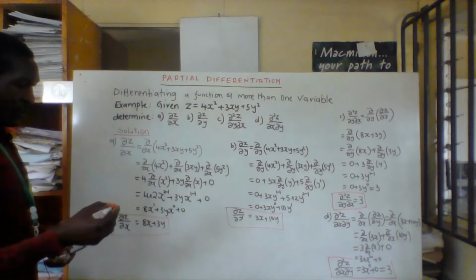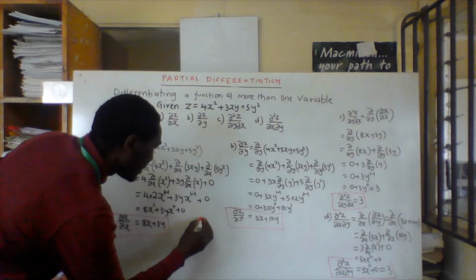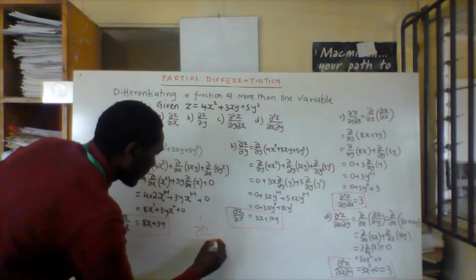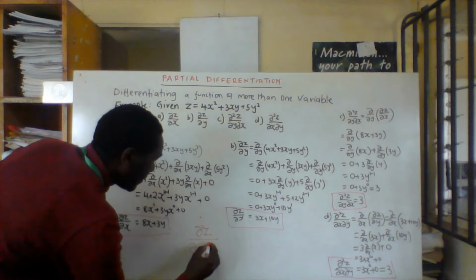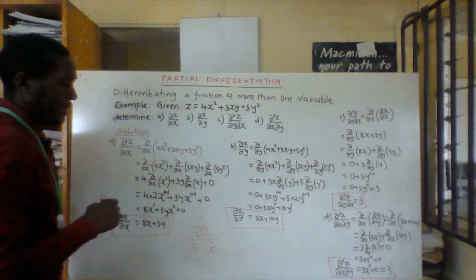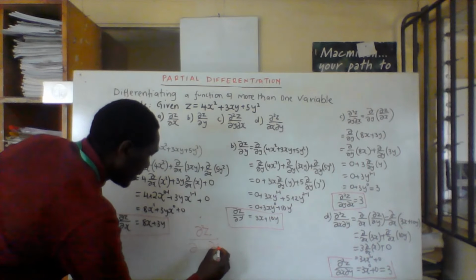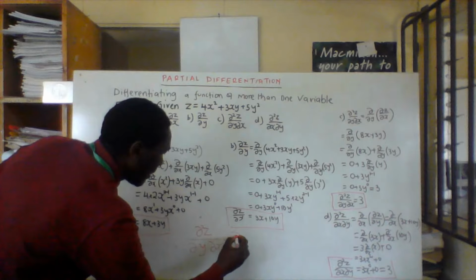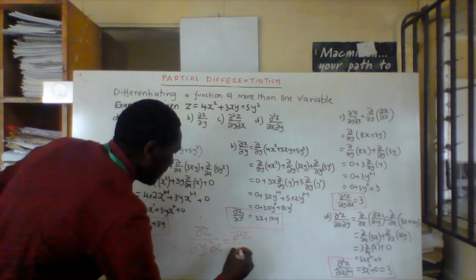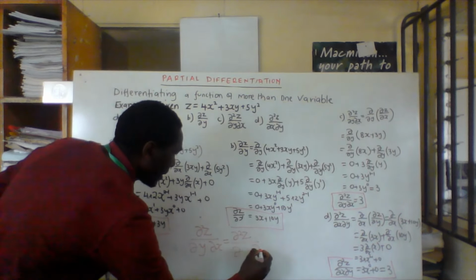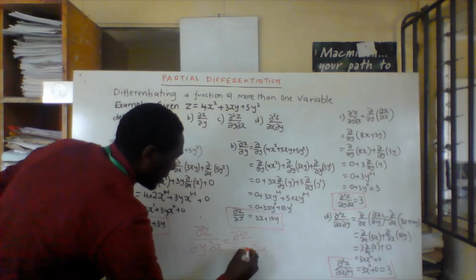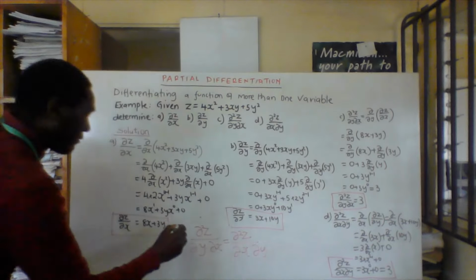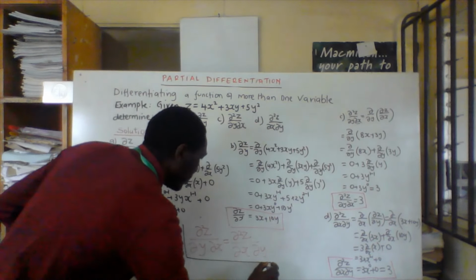And we can write that somewhere at the center here: the partial derivative of z, first with respect to x, then with respect to y, is the same as the second partial derivative of z, first with respect to y, then with respect to x. That is a very important point from this lesson. Very important.